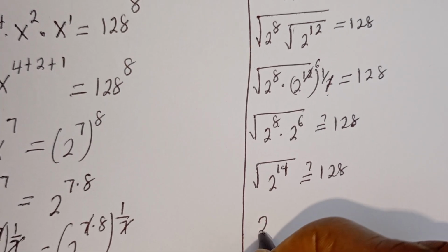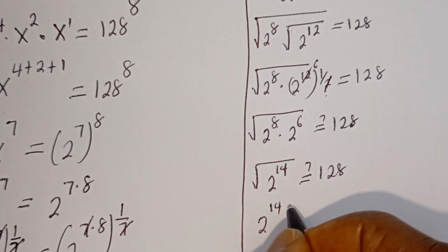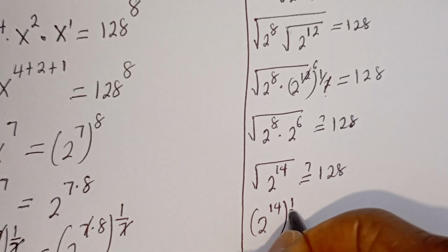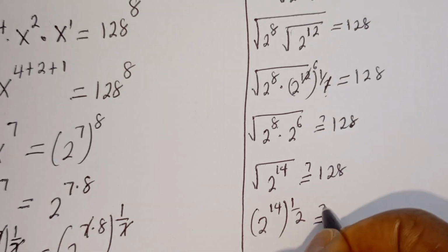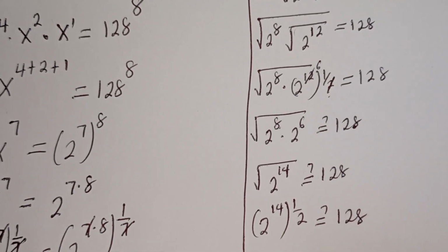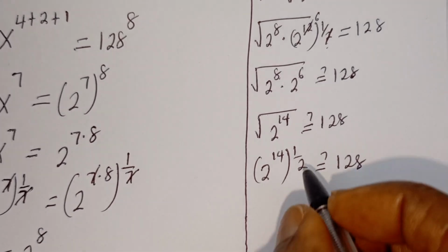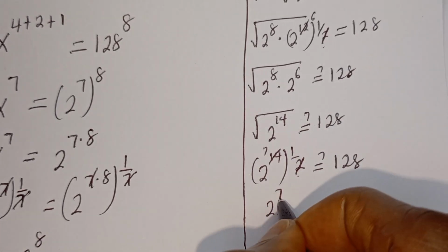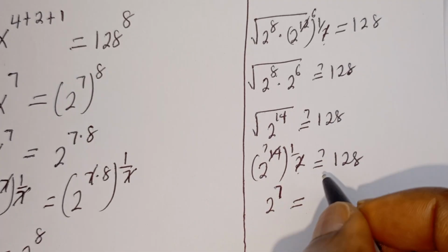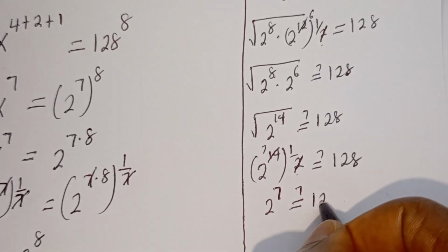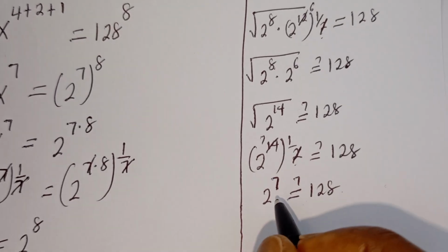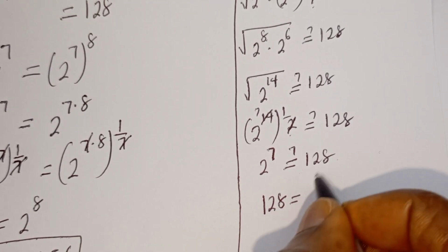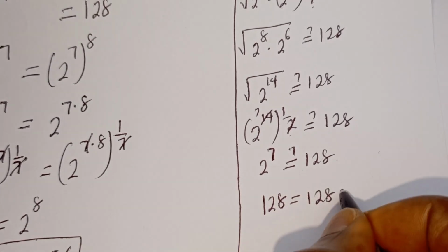This is 2 to the power of 14 to the power of 1 over 2 must be equal to 128. Then 2 here 1, 2 here 7. We have 2 to the power of 7 must be equal to 128. And of course, 2 to the power of 7 is 128, so 128 is equal to 128, which is true.